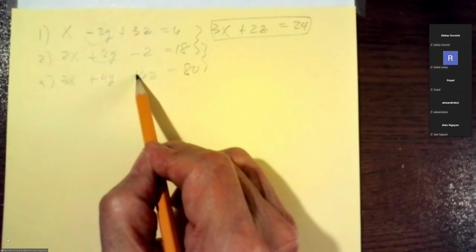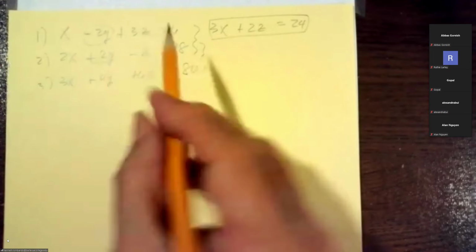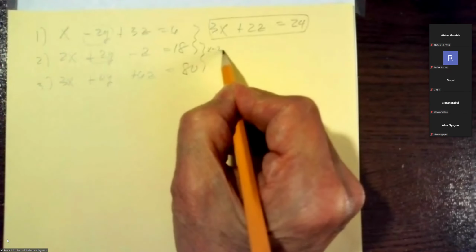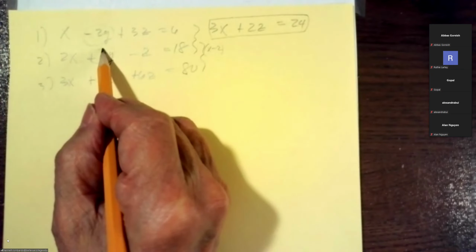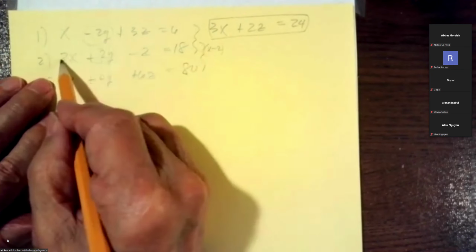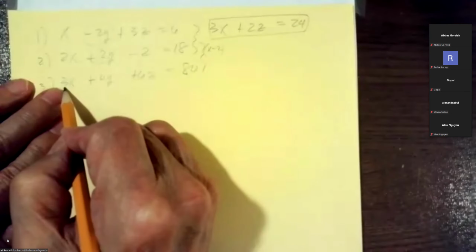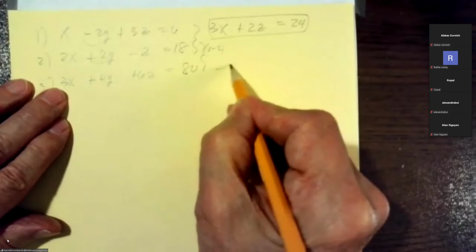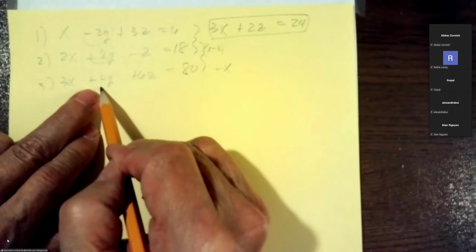What can we get rid of here? We want to get rid of a y. So it looks like if we multiply this times a negative 2, that would give us a negative 4. So negative 2 here would be negative 4. So it looks like that's going to give us a negative x. Negative 2 here. That y is going to go away.